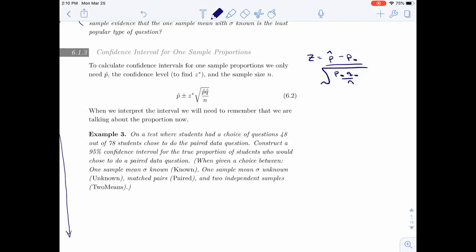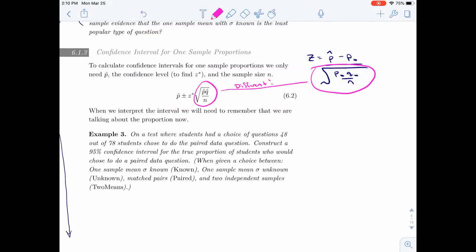You can't just recycle information, as a heads up, because for means we were using that little trick where if we've already calculated it, we can just reuse it, which we can't do for proportions anymore.